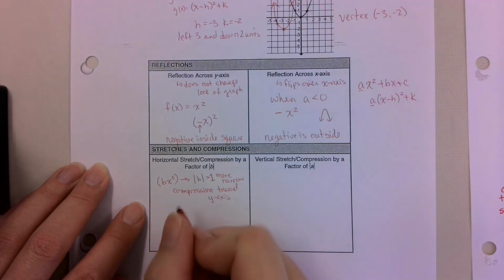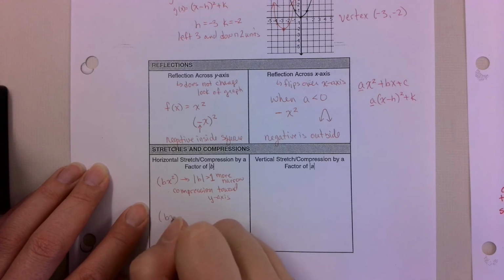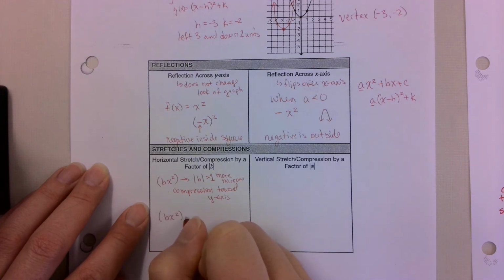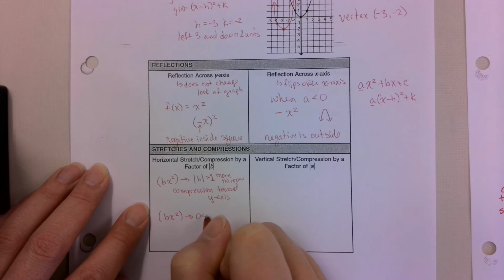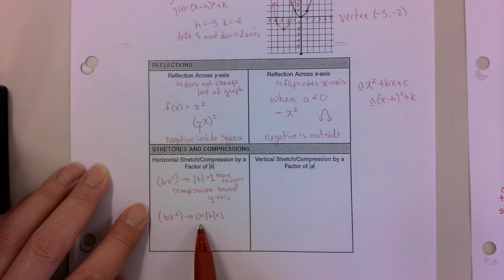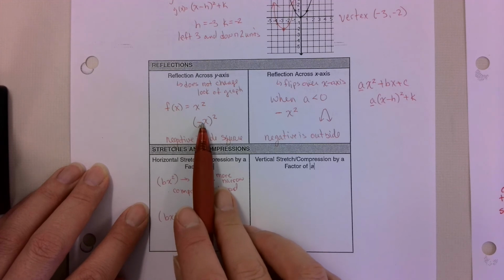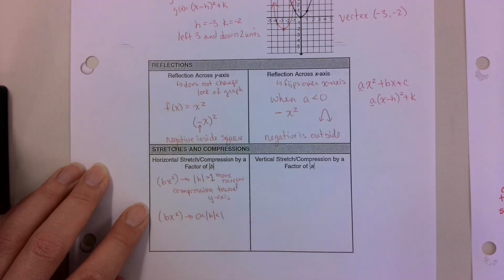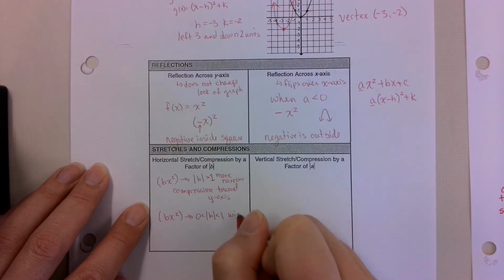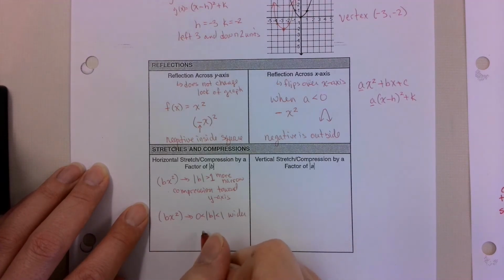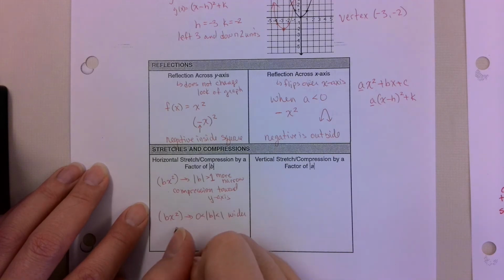Now, if you have b times x squared, and it is between 0 and 1. So I'm talking about the absolute value. The positive or negative goes back up here, okay? It's just the number value, the absolute value of it. If it's between 0 and 1, it's going to make it wider, all right? And that's also the idea that it's inside the parentheses.